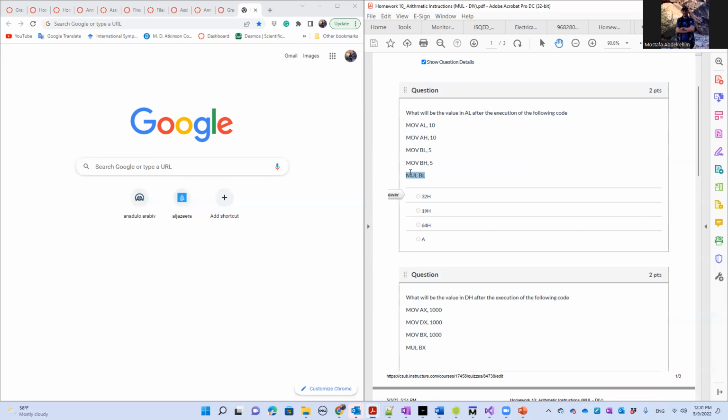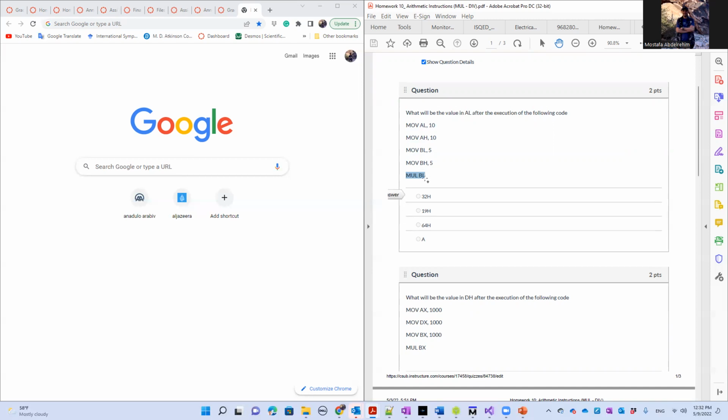It's very important to look at the size of the registers that come in the MUL instructions, because each case should be treated differently. We can multiply word by word, byte by byte, so we need to know the size.